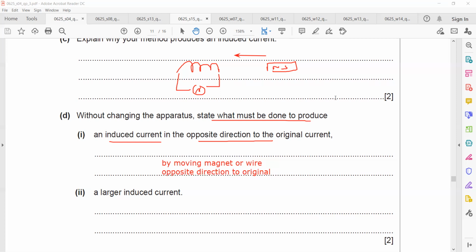We should move the magnet faster. So the first one was the application of Lenz's law, and the second one is the application of Faraday's law.